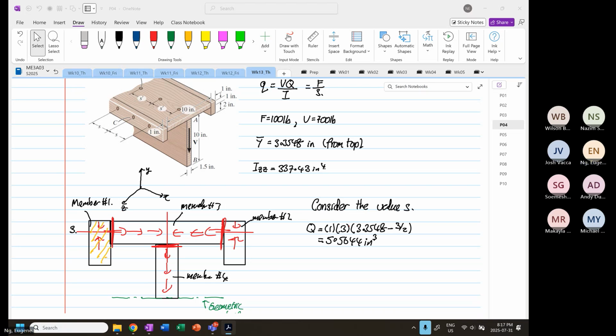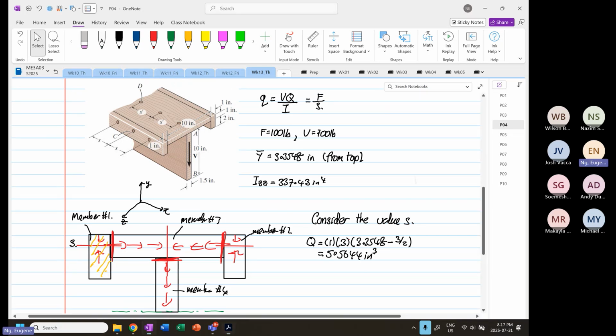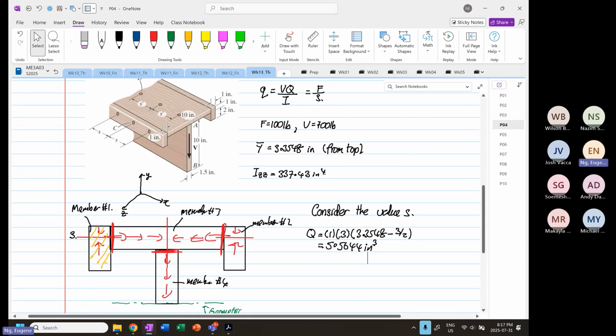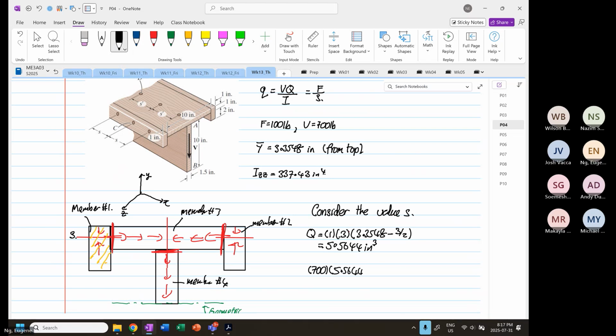And then when that's the case, you can consider V. You have V 700, 5.5644.